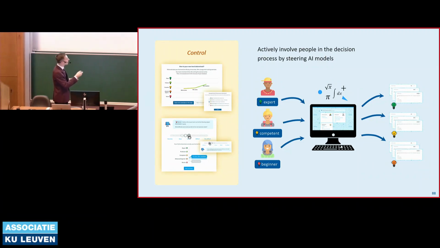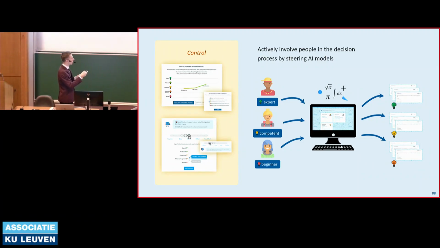We recommended them specific exercise series, and with the control, we allowed them to change the difficulty level. So we recommended, for example, here's a difficult series, and then they could change it. They could say, no, maybe I want an easier exercise series, or the opposite, maybe I want a harder exercise series, or maybe I'm happy and I don't want to change anything at all, okay? So that is what we did.